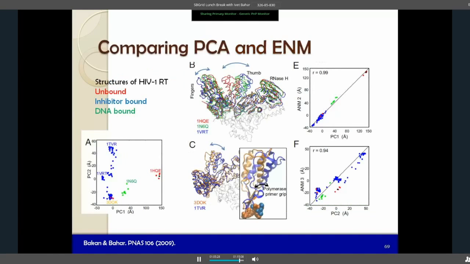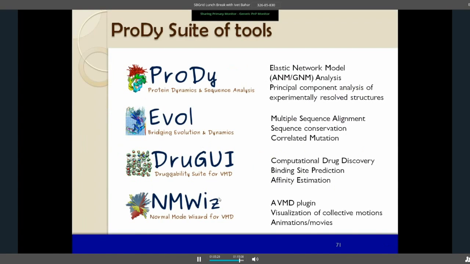So, in summary, there is a suite of tools. There is ProDy, Evol, as I mentioned, for sequence comparisons, DrugFEs for druggability simulations, and NMWiz is the visualization software.